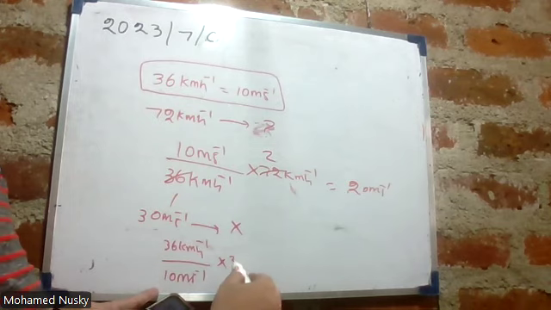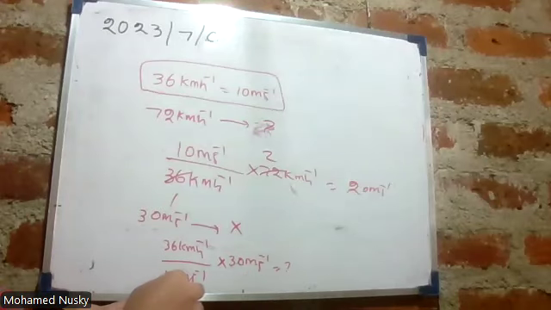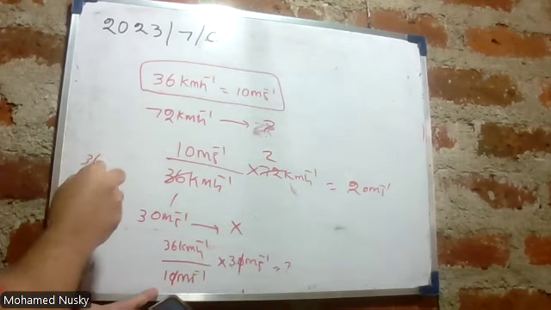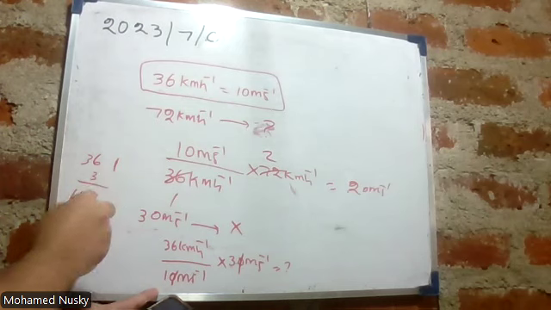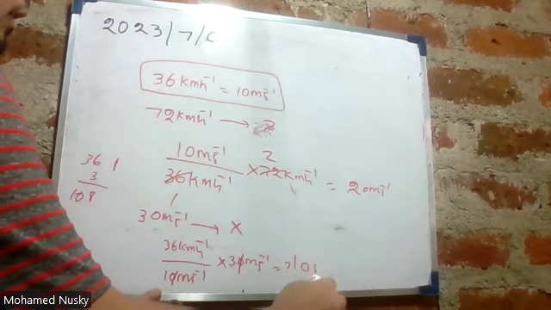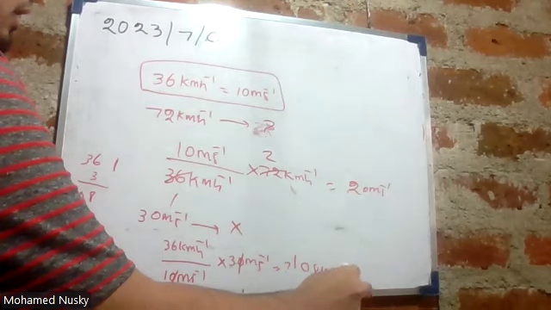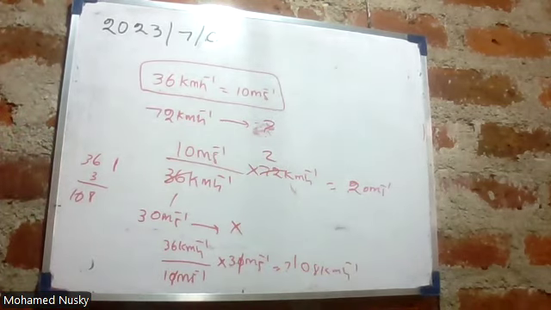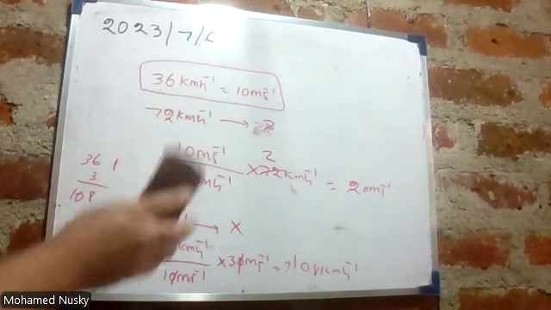Then for 30 meter per second, what is it? 3 into 36, how much? 6, 12, 18. 3 into 3, 9, 10. 108 kilometer per hour. That's it. Note it down. 36 kilometer per hour is 10 meter per second.